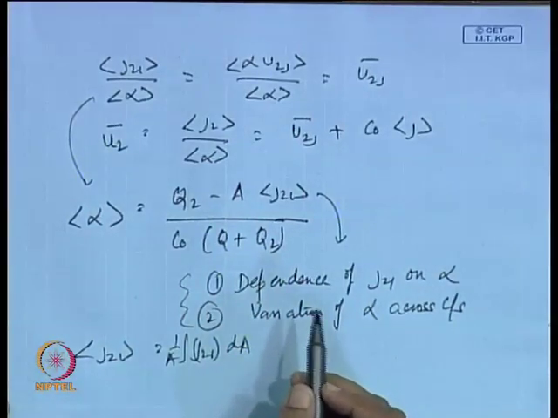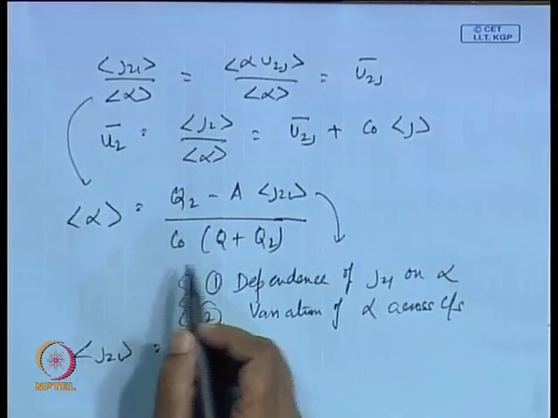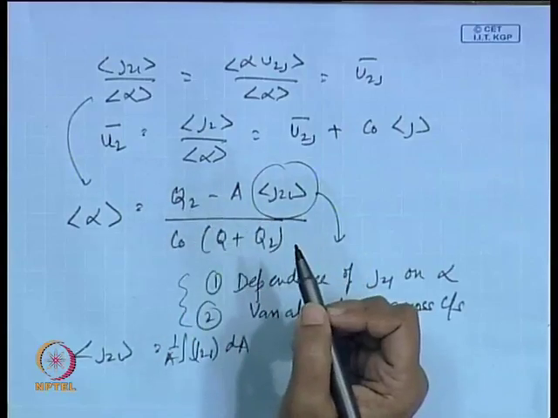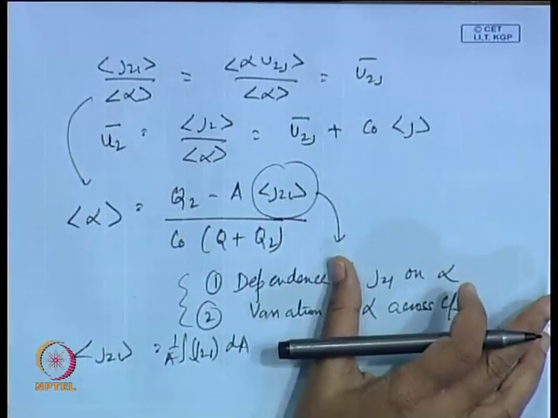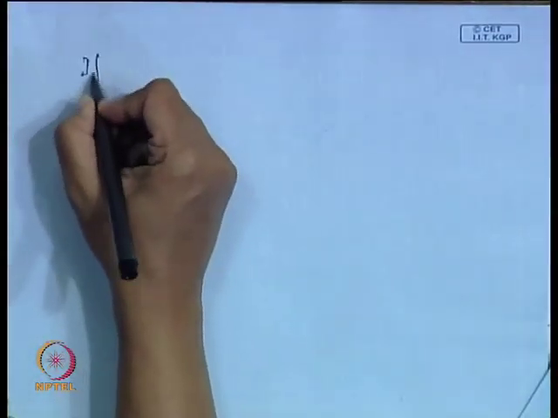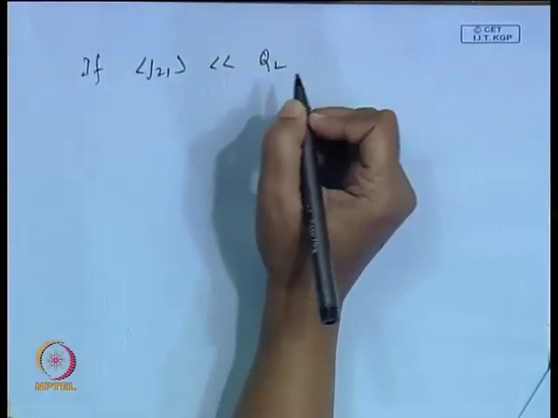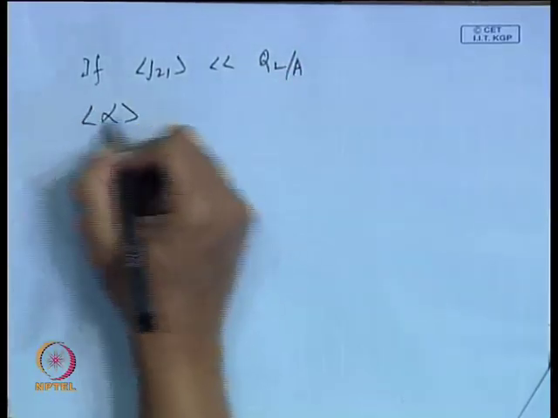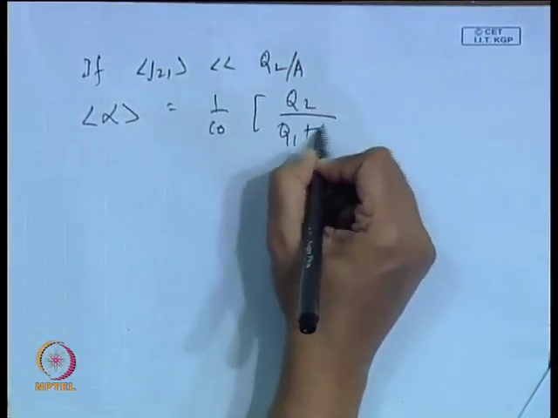And one more thing that we also know is, suppose J21 is much smaller as compared to Q2. If J21 is much smaller, then what happens to this particular expression? If your J21 is much less than Q2 by A, then your alpha becomes 1 by C0 times Q2 by Q1 plus Q2.